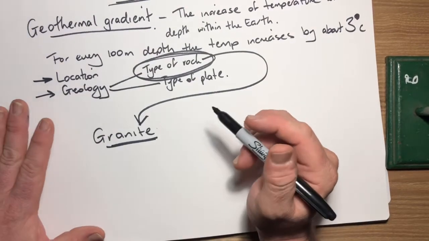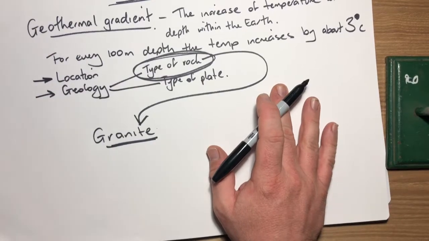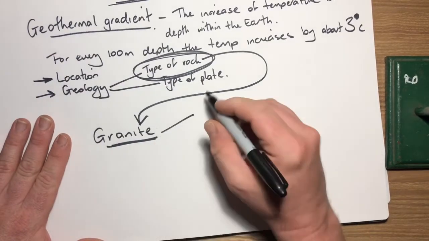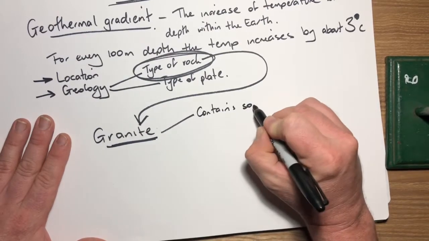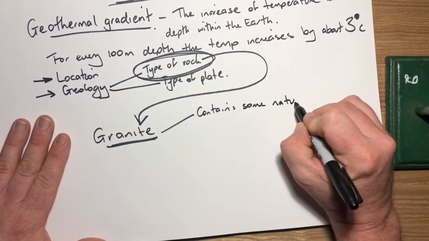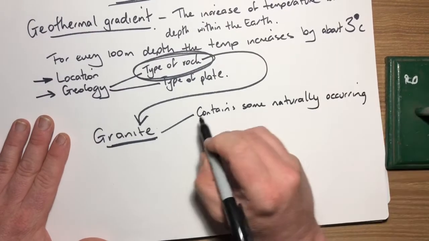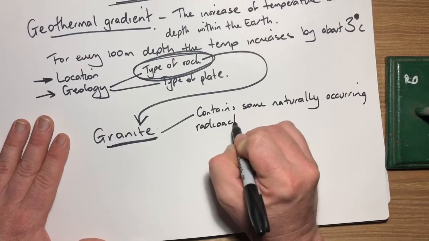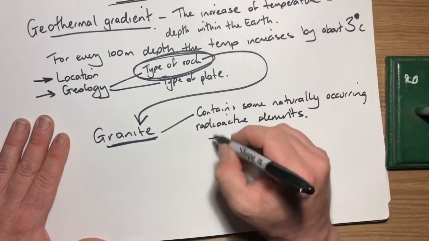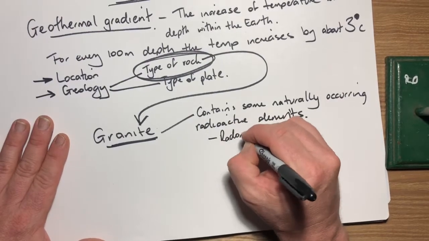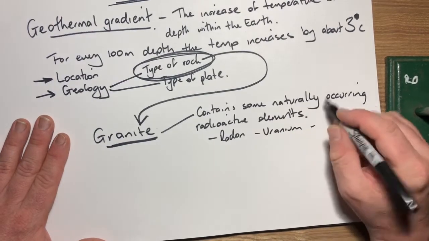So granite itself contains some naturally occurring radioactive elements. They are radon, uranium, and thorium.